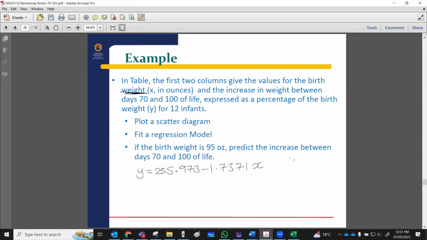So we are told that X is equal to 95. So we're going to substitute 95 here, and our Y is going to be our percentage increase.